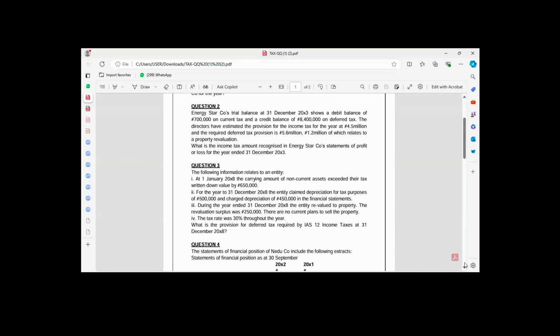For the year ended 31st December, the entity claimed depreciation for tax purposes, capital allowance, of 500 and charged depreciation of 450 in the financial statements. During the year, the entity revalued property, the revaluation surplus being 250. There was no current plan to sell the property. The rate of tax is 30% throughout the year. What is the provision for deferred tax, IAS 12, as at 31st December 2008?